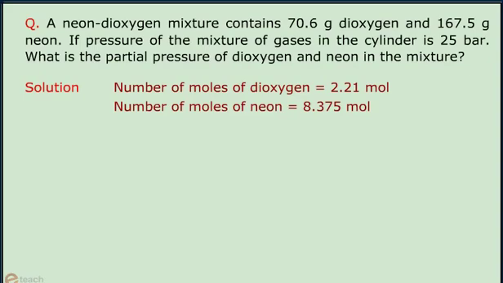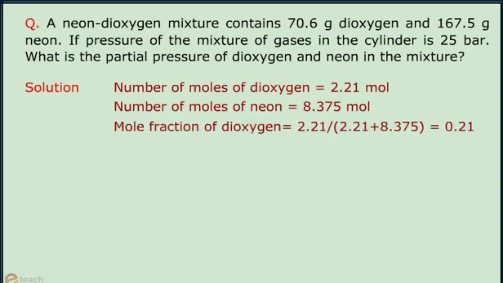8.375 mole. The mole fraction of dioxygen equals 2.21 divided by 2.21 plus 8.375, which gives 0.21. Therefore, the mole fraction of neon is equal to 1 minus 0.21, which is equal to 0.79.